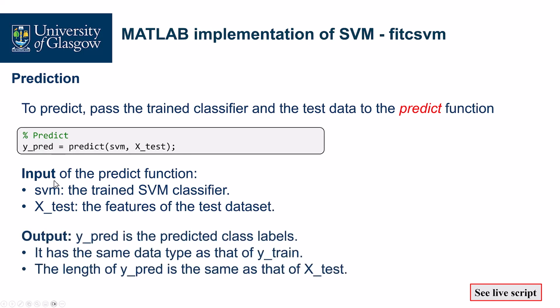Then we get the output Y_pred. Y_pred has the same data type as Y_train, and the length is the same as X_test. It tells us, using this trained SVM, the classes of these features. You can see the live script for more details.